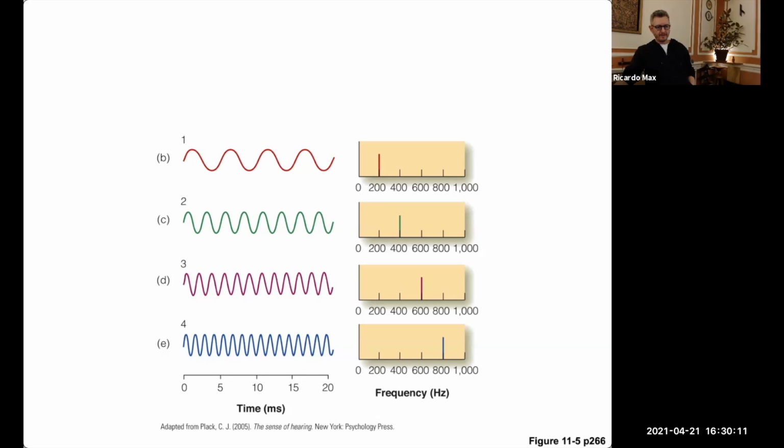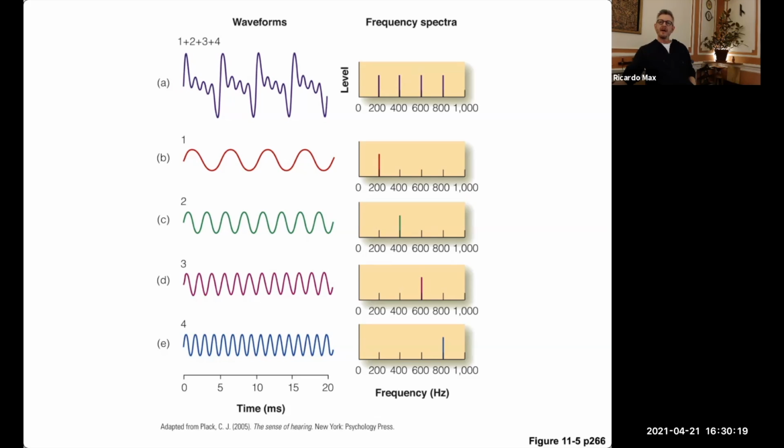They all have the same height, meaning they have the same amplitude. If they are presented together, we have a complex waveform. And we can simply add, for each point in time, the height of each one of those waves, and we reach a complex waveform.